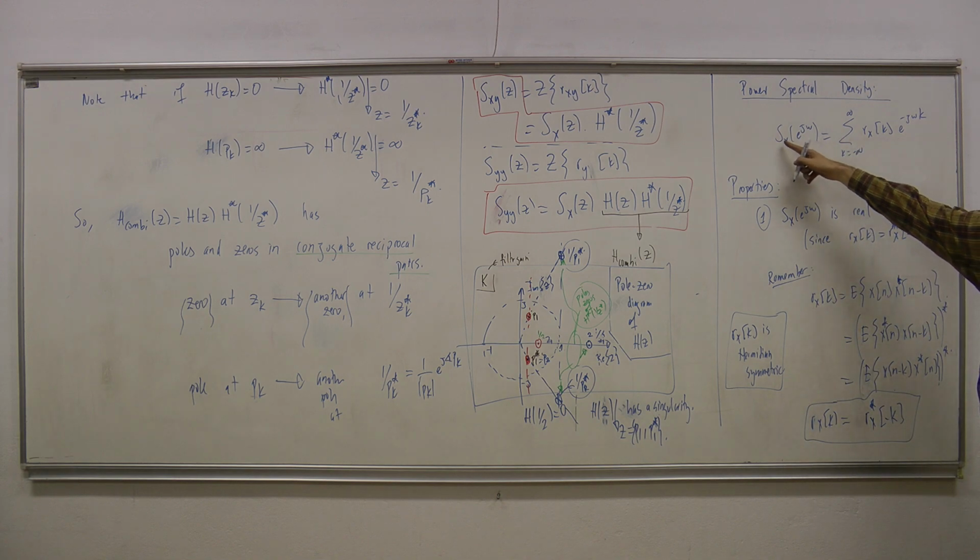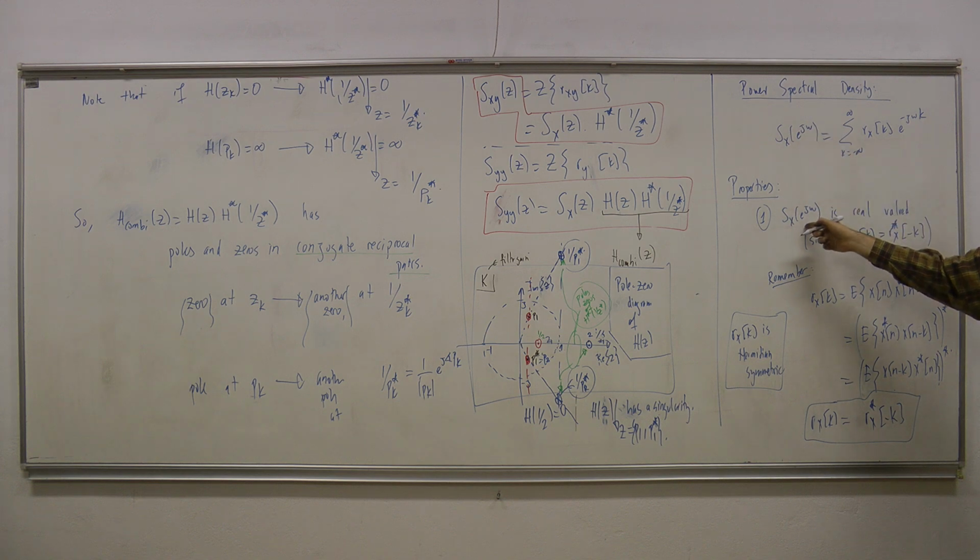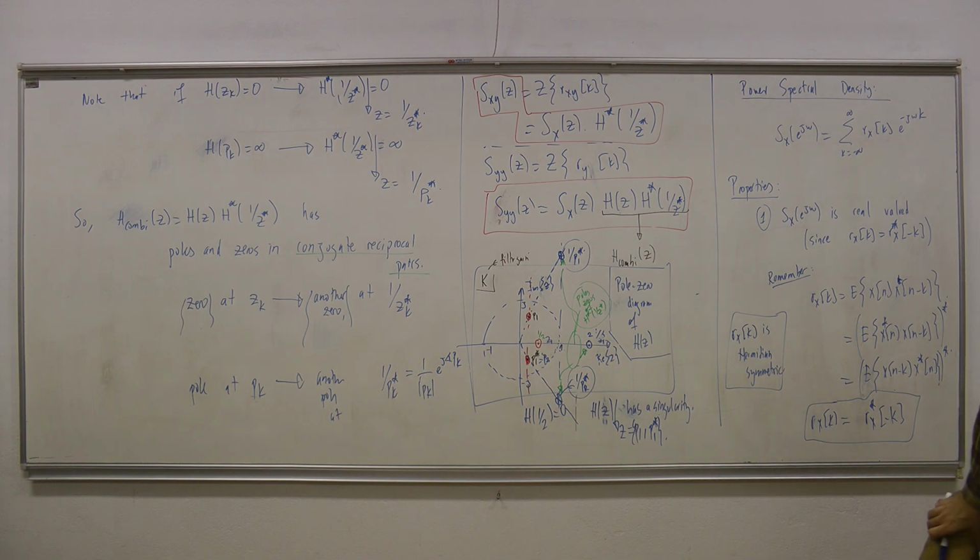So you see that Sx conjugate e to the j omega is equal to Sx e to the j omega. So this function is equal to its conjugate, so it's real. Okay? So this is the way you do things. Okay, this was good.